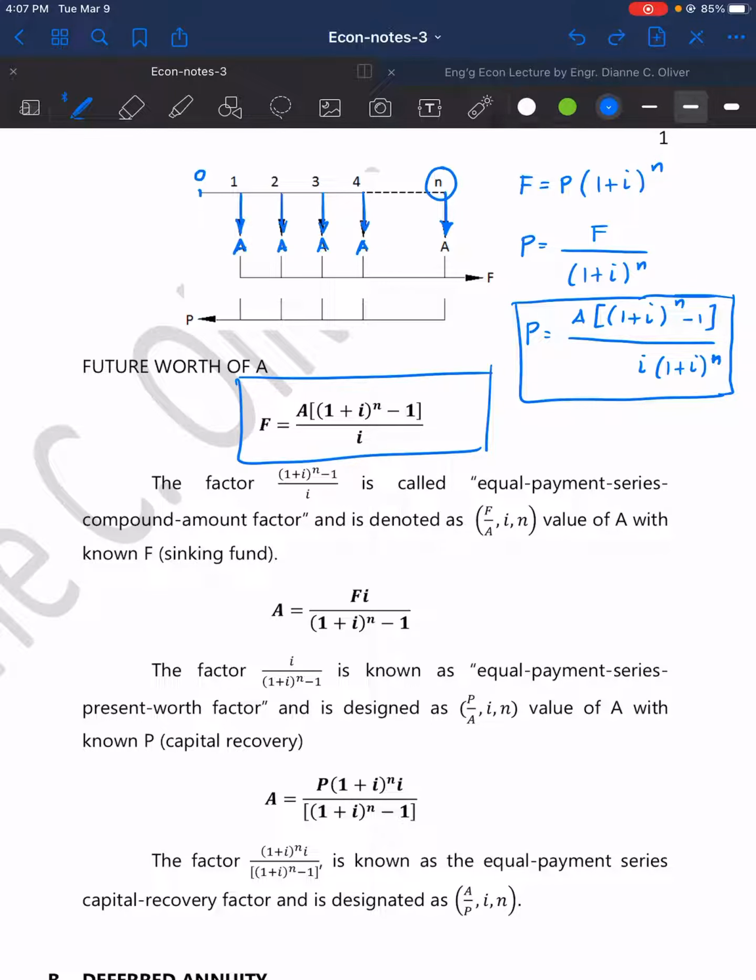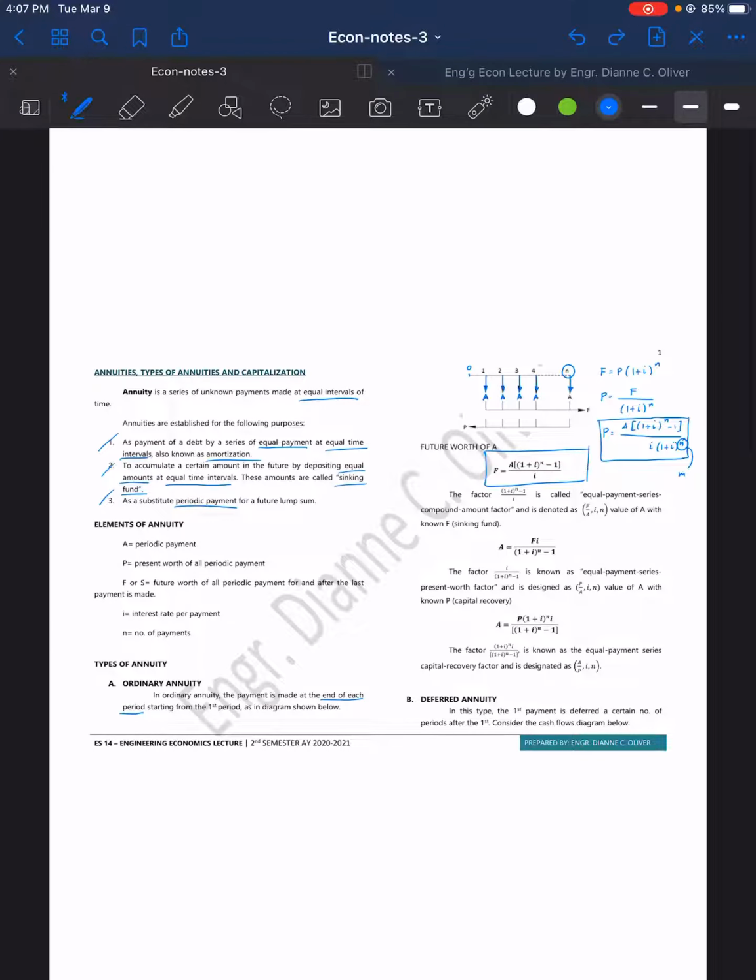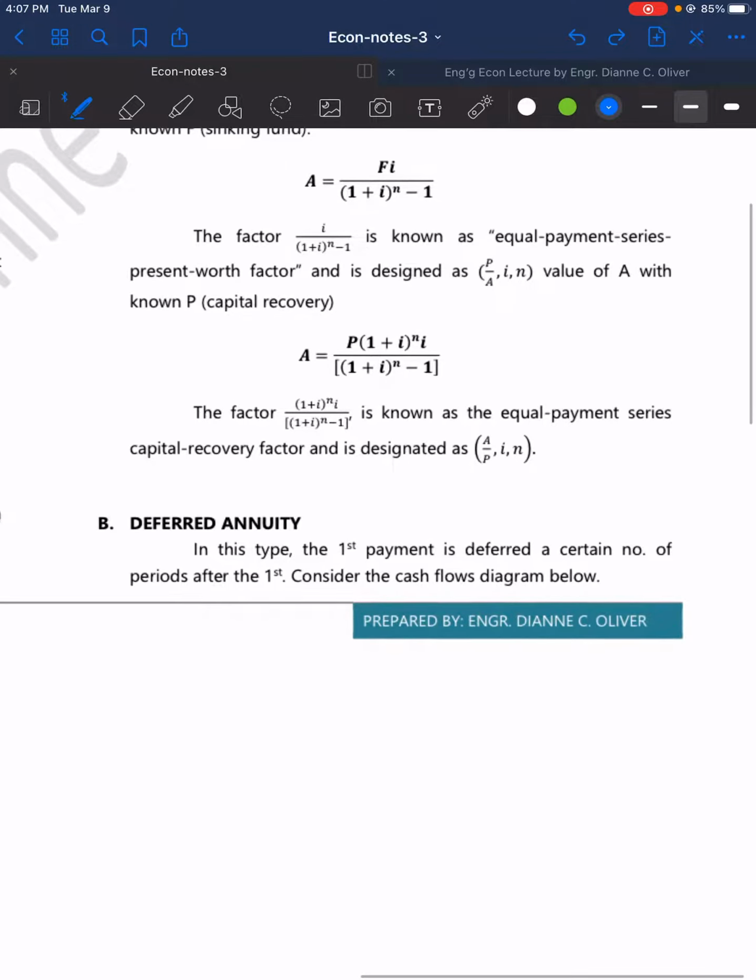So we can have this as M, the number of periods, so that we can differentiate which one is the per payment and which one is per period. Okay, so that's how we get the formula for present worth.